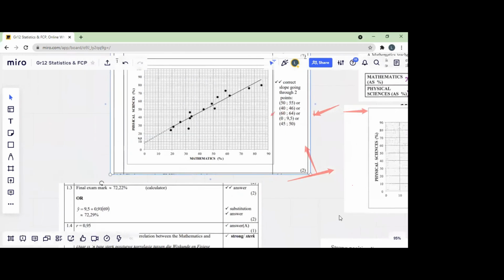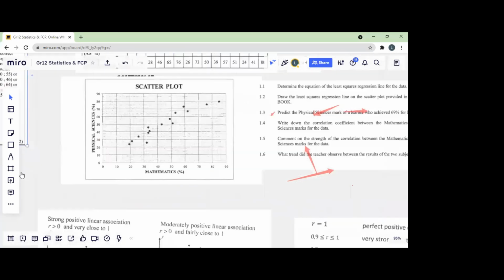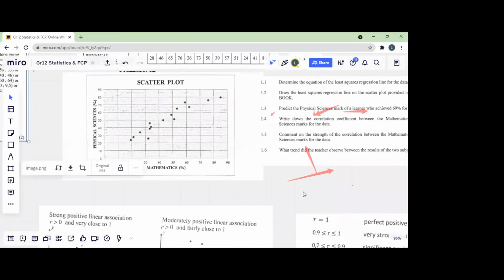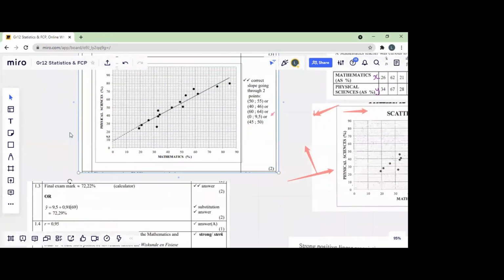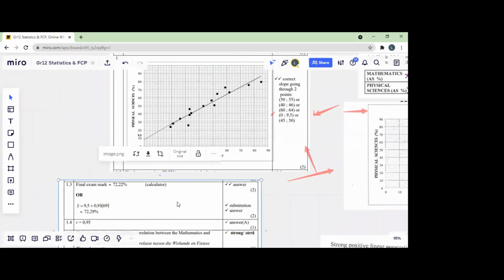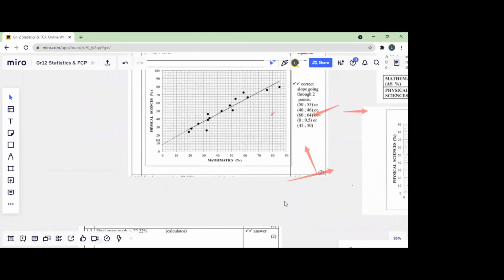Okay, so they said to us a mark of 69% for maths. Let's just move this out the way. If you wanted to predict using your line, you would have done this.